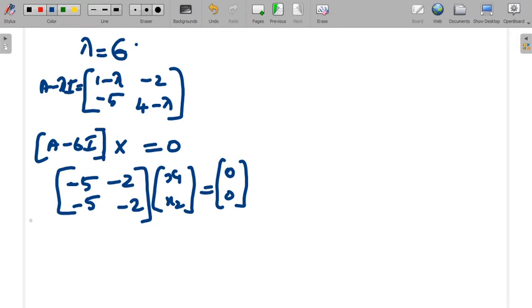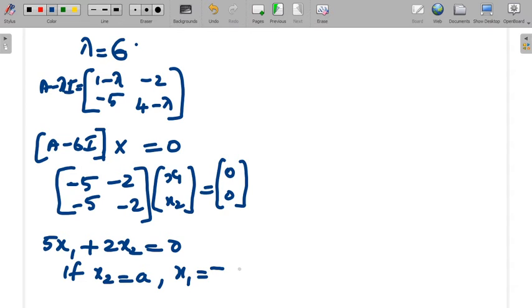So we have just one equation, 5x1 plus 2x2 equal to 0. So if x2 equal to a, x1 equal to minus 2a by 5.